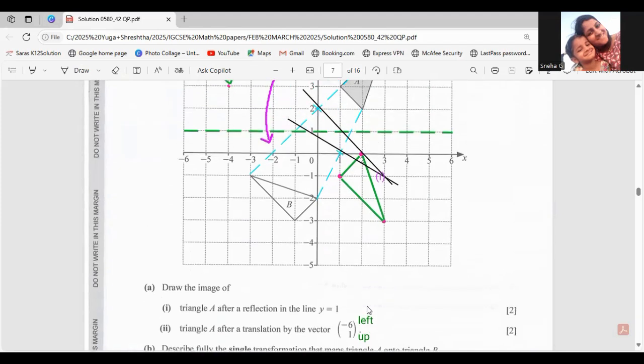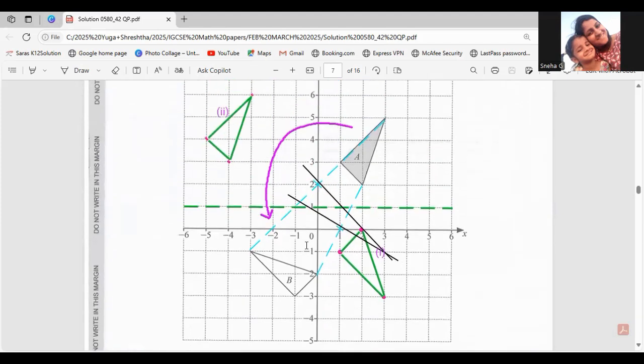And to do that, what we do is we connect the 2 end points of the triangle. And after connecting those 2 end points, we have to draw the perpendicular bisectors to those 2 lines which we have joined. So this was the vertex of the triangle, the top vertex. After rotation, this becomes the top vertex. So I have connected these 2 top vertices, indicating a blue line here.